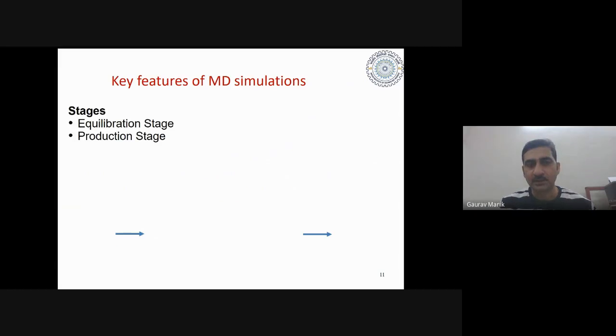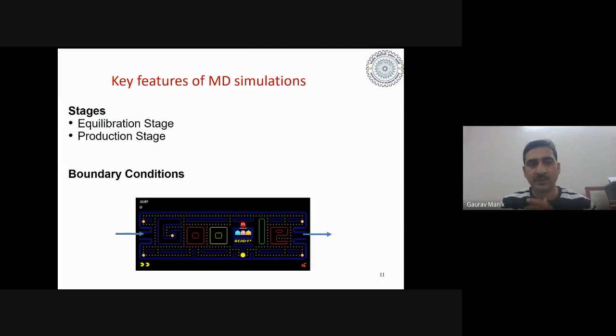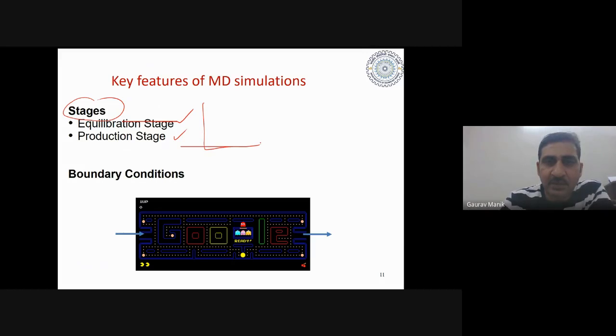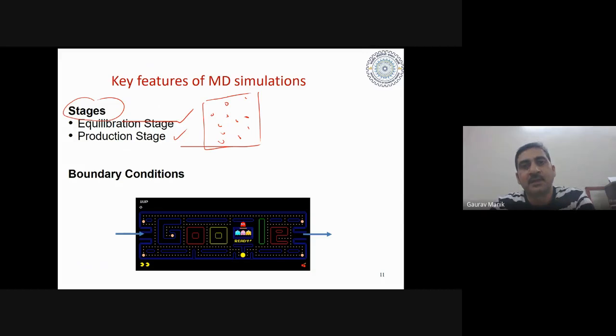Before we talk about those improved algorithms, let's quickly talk about one concept, which is the stages. There is something called an equilibration stage and a production stage. When you start your simulations, you randomly place chains, polymers, or monomers in the system, and this structure might not be the realistic structure.